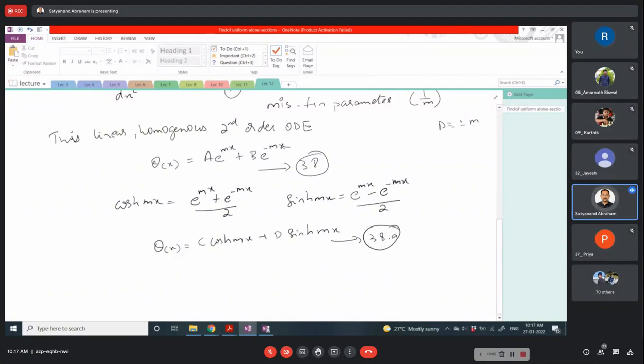So this C and D are different constants. I think C is A plus B by 2, and D is A minus B by 2, something like that. Anyway, either of these equations we can use according to our convenience. We will see which equation is more convenient to solve. But it doesn't matter which equation we solve, we will get the same profile.